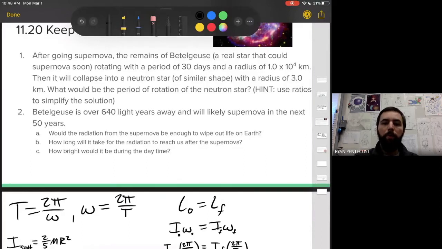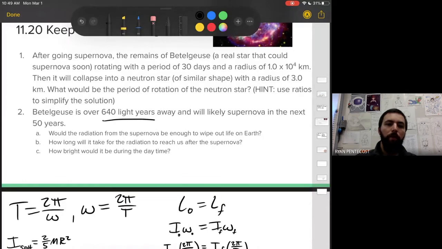When Betelgeuse supernovas, it will take a 640 light year trip from the supernova to us. Traveling through space, it will travel through a vacuum, meaning it is capable of traveling at the speed of light for that trip. And since it is traveling 640 light years, we know that it would take 640 years for that supernova's light to reach us.